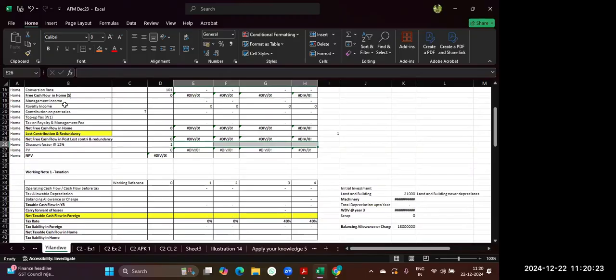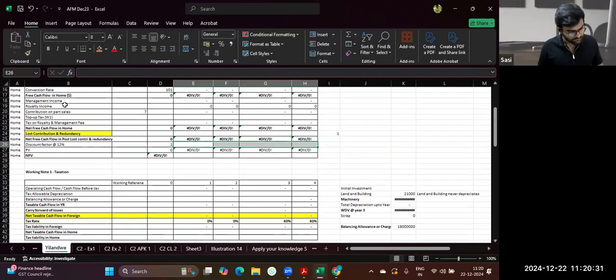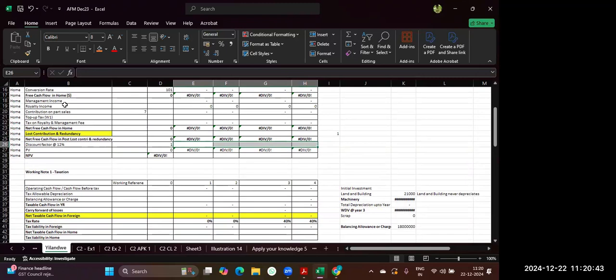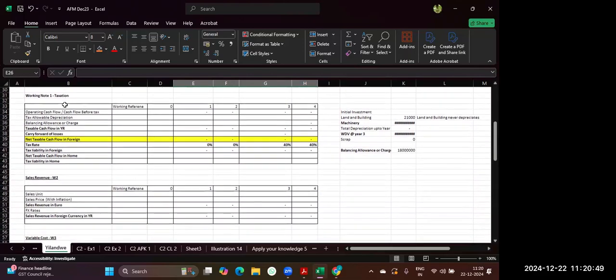Guys, please put up the tax table as well. Done, thank you. You're done with the tax part as well. Put up the tax and sales revenue table.